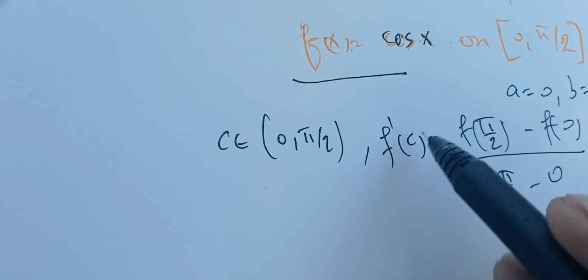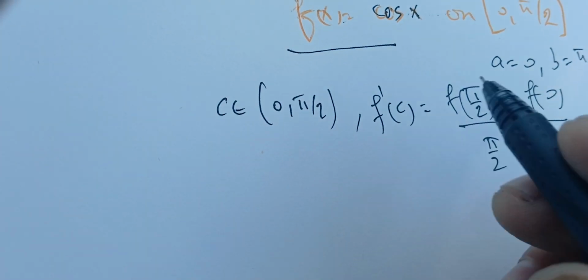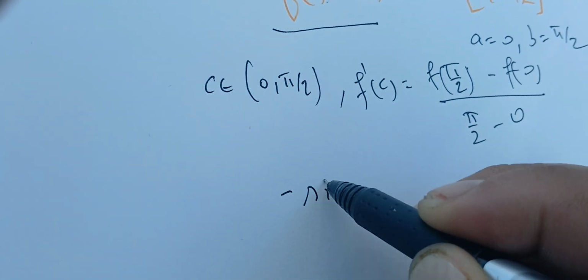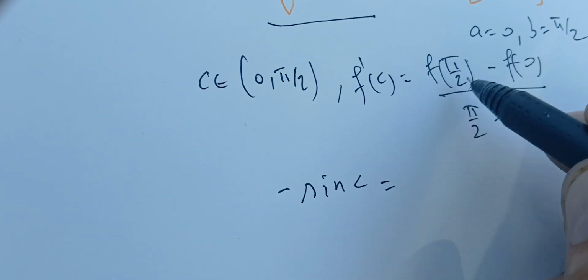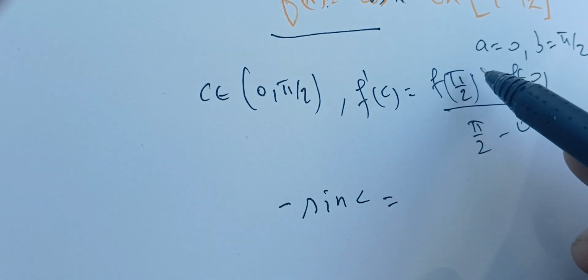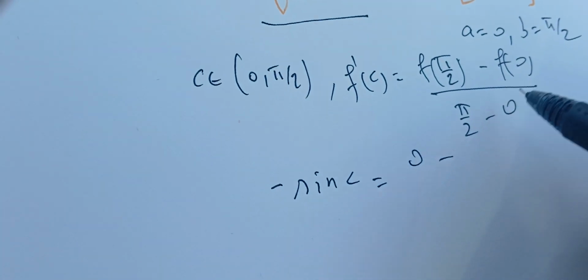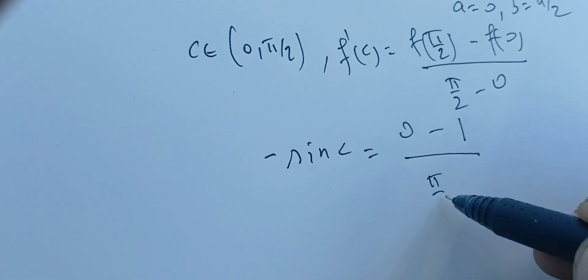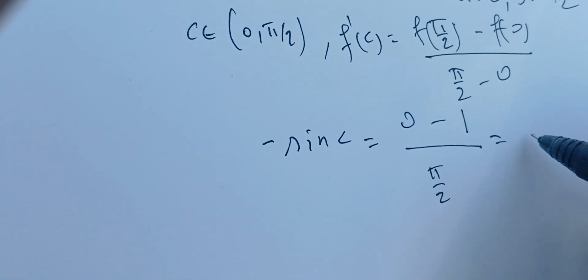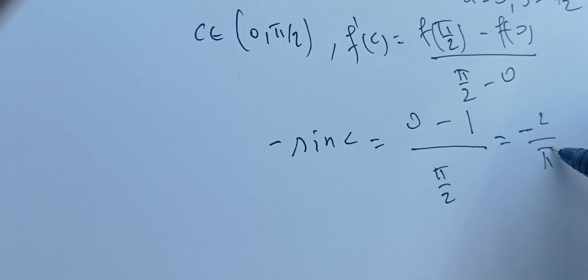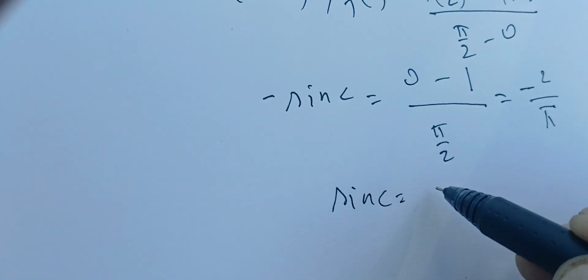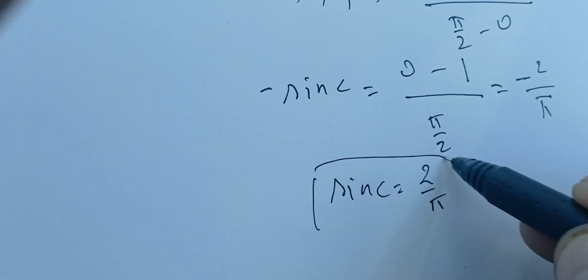We know the derivative of cosine is minus sine, so evaluating at c we get minus sine of c. f of pi over 2, cosine at pi over 2, is 0, minus f of 0, which is 1. That's minus 1 over pi over 2, which gives us minus 2 over pi. Cancelling the minus, sine of c is 2 over pi.